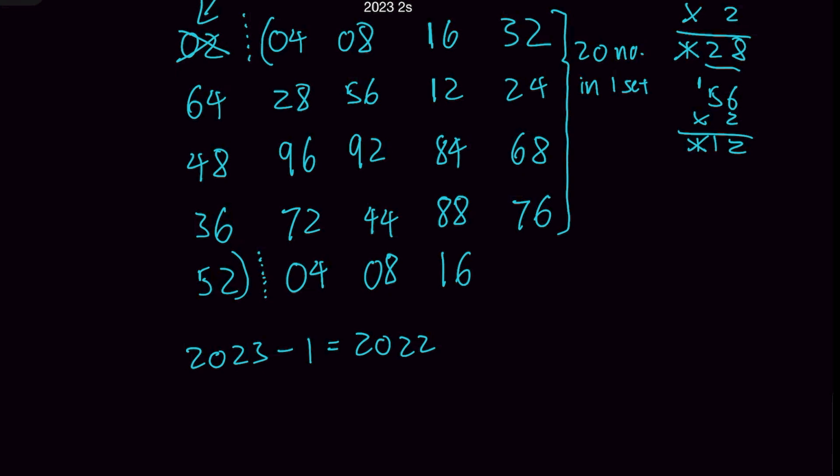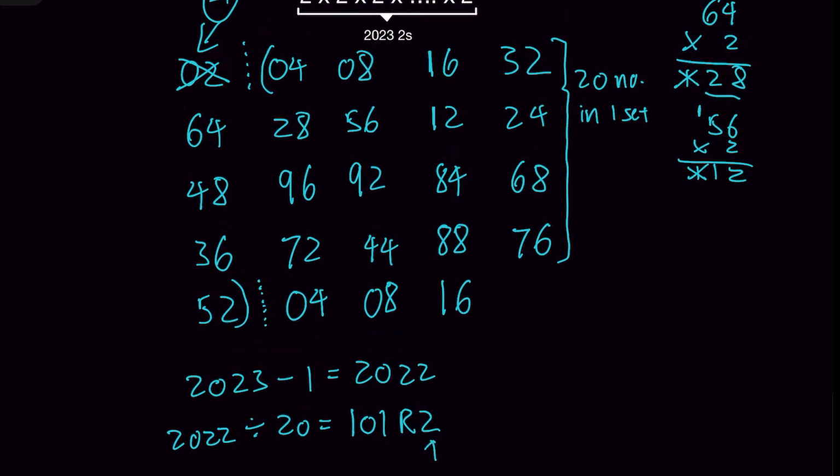What happens next is that we want to take 2022 divided by how many numbers are in one set. We first divide by 20 to get how many complete sets of numbers. 2022 divided by 20, we will get 101, remainder 2. What does this remainder 2 stand for?